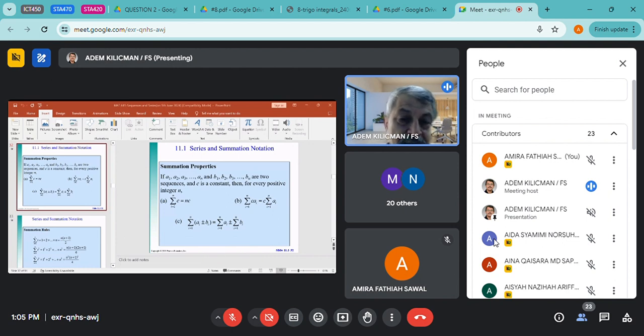For example, the sum of I from 1 to n is 1 plus 2 plus 3 plus up to n. If n is 5, or n is 100, or n is 1,000 here as well, at that time you will see n times n plus 1 over 2.